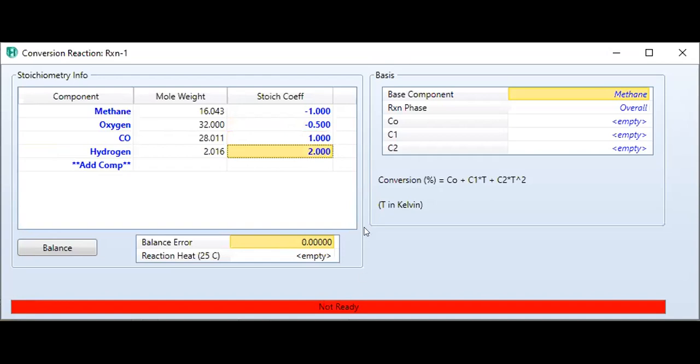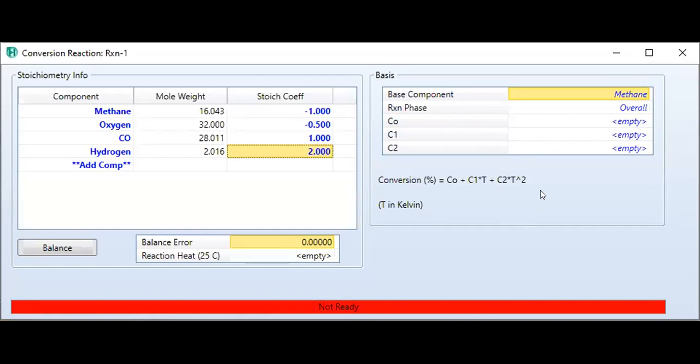Now the next part is the constant C0. Next part is the constant C0 for conversion: C0 plus C1t plus C2t square. As I said in the beginning, these are all parameters.